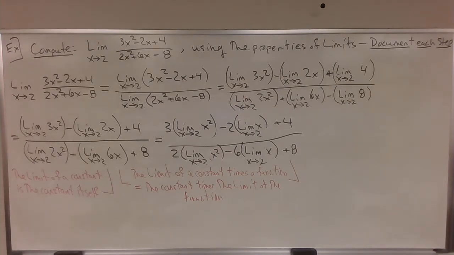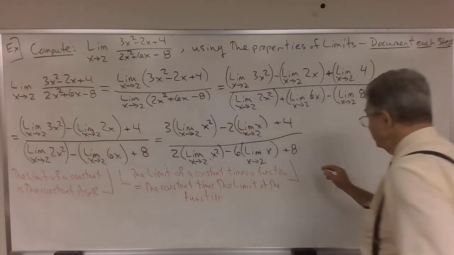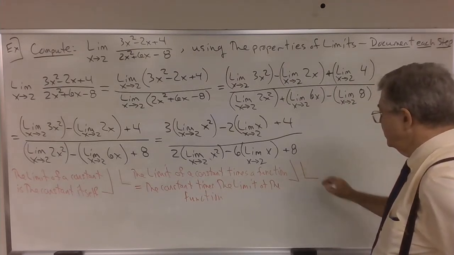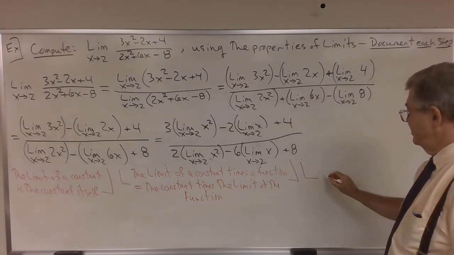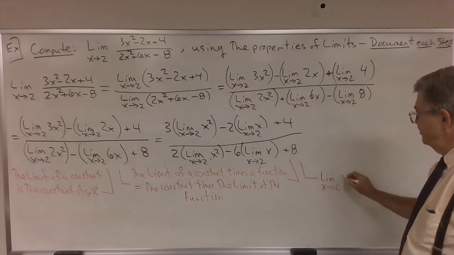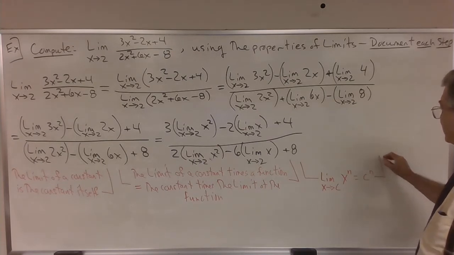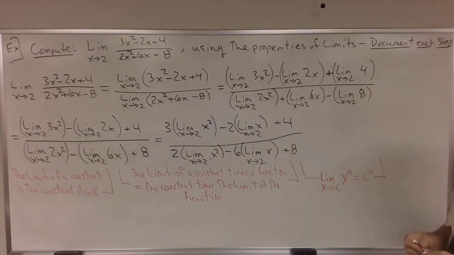Now I guess there's just one thing left to do. Do you know what it is? Limit as x approaches c of x to the n equals c to the n. So we just plug in for x now.